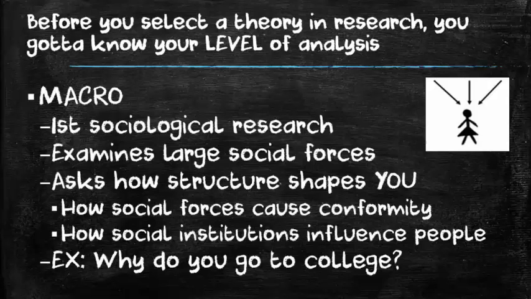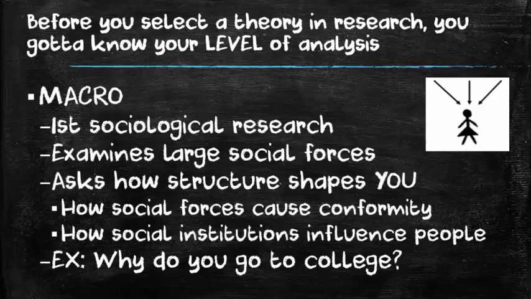And the macro level really involves examining large social forces or structures of society and asking the question about how the structure shapes you. What are those social forces that are at play out there which cause you to conform or to choose not to conform?